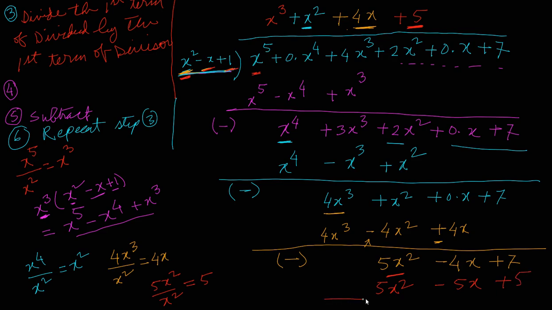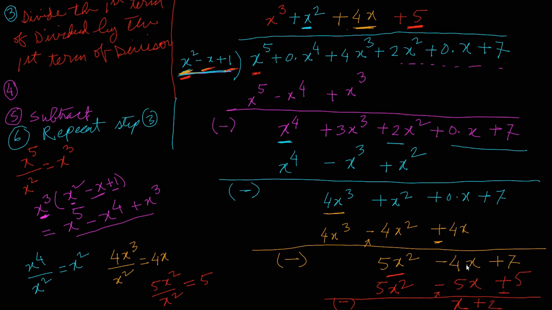And then what is my last step? I need to subtract. If I subtract, these first two terms cancel out, so negative 4x, and this is going to be positive 5x, so it will be simply x, and then 7, and this positive 5 is going to be negative 5, so it will be plus 2.